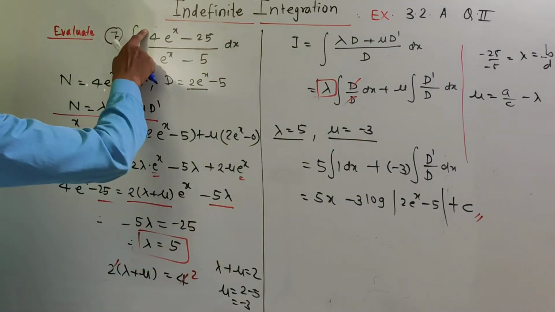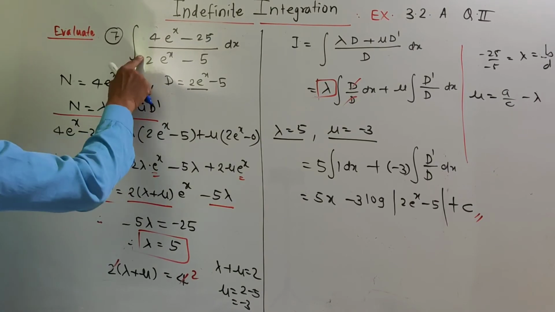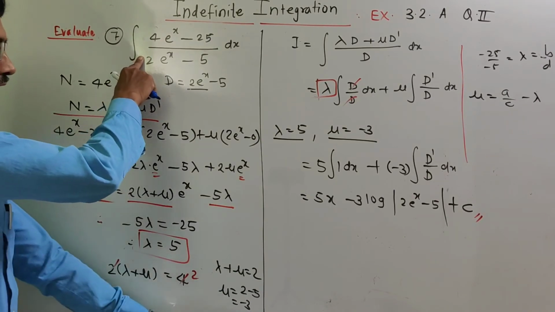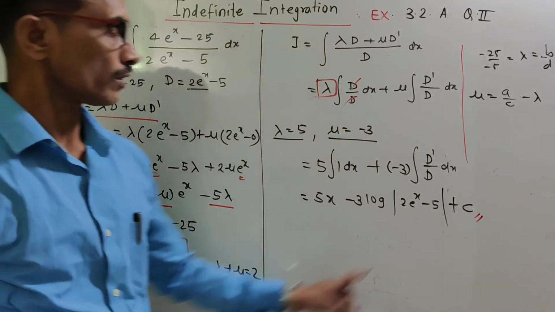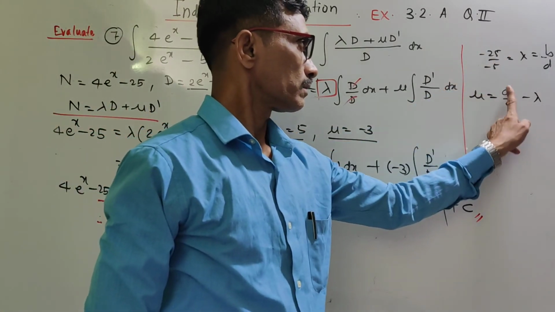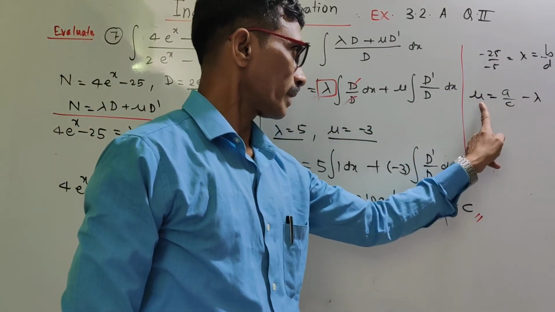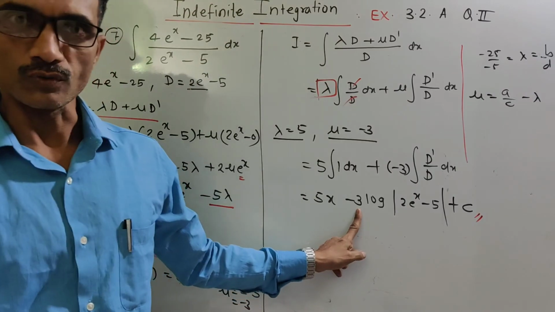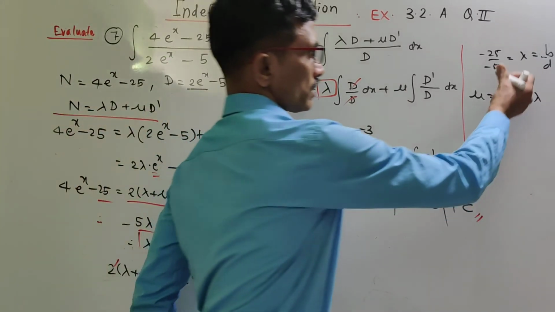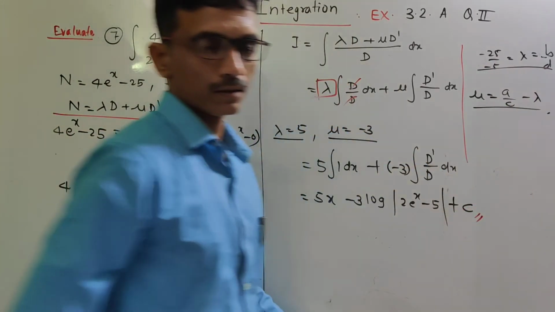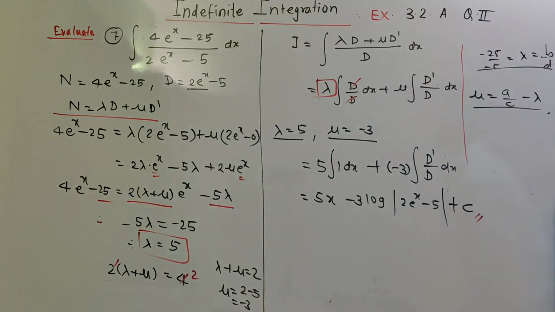So a is 4 and c is 2, so 4 upon 2 is 2, minus lambda. Lambda we are getting is 5. So 2 minus 5 is minus 3, and that is mu. So by using this shortcut method also we can solve this type of questions.